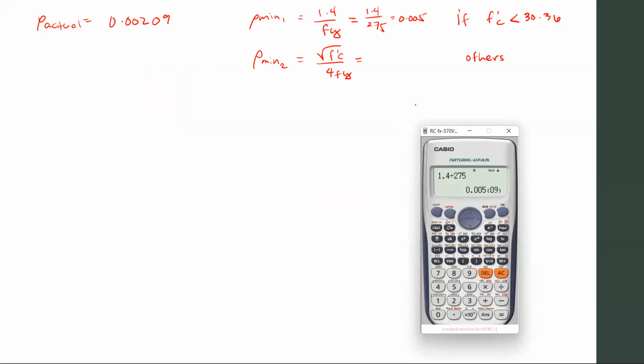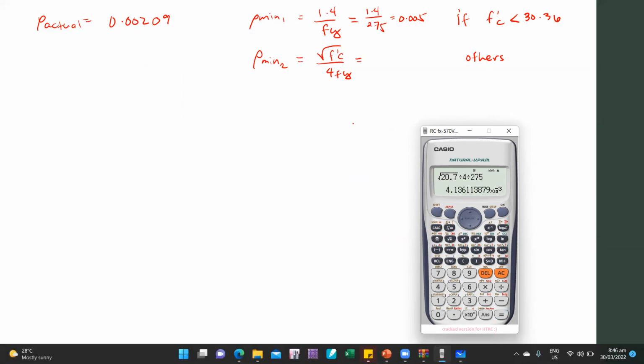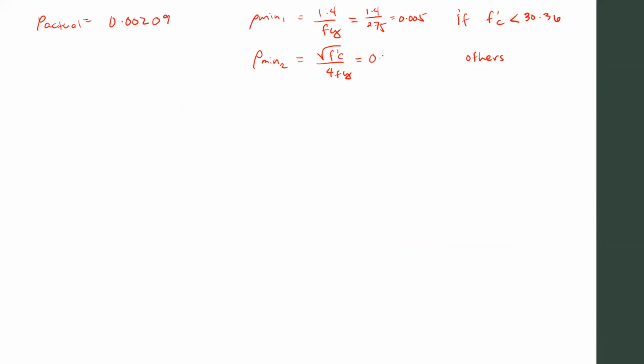And yung isa, square root of 20.7 divided by 4 divided by 275, you have 0.004. So therefore, compare your actual to rho min 1, rho min 2. You will use the maximum. Therefore, you will choose rho min 1. Ito yung minimum. Ito yung mag-govern.